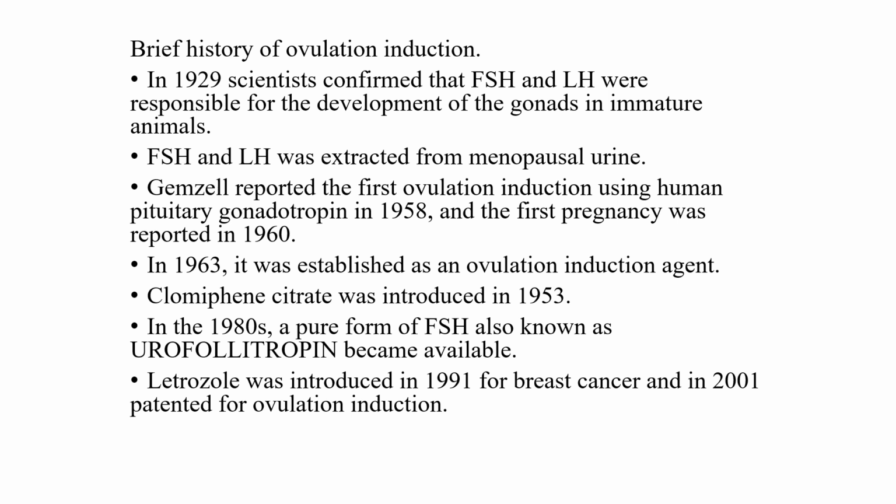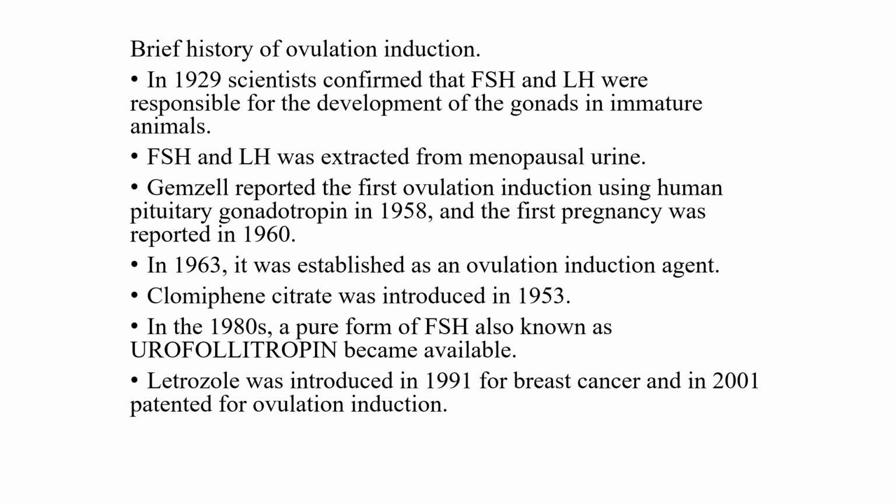Before we go on, let's just briefly go through the history of ovulation induction. So it's about 100 years ago when scientists confirmed that FSH and LH were responsible for the development of the gonads in animals. And FSH and LH was subsequently extracted from menopausal urine.